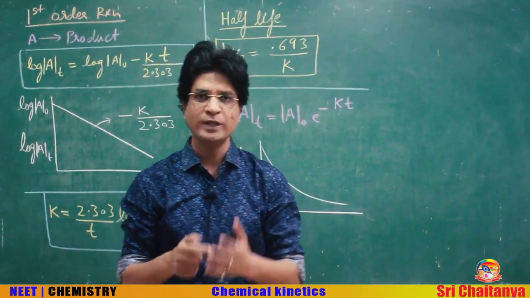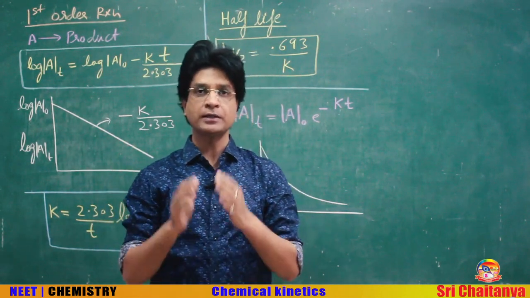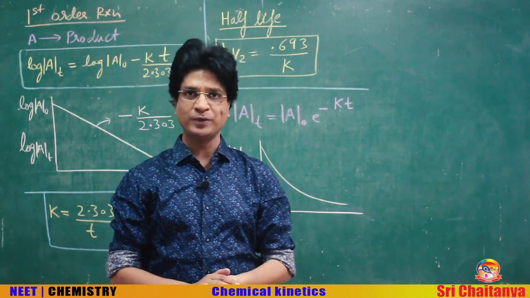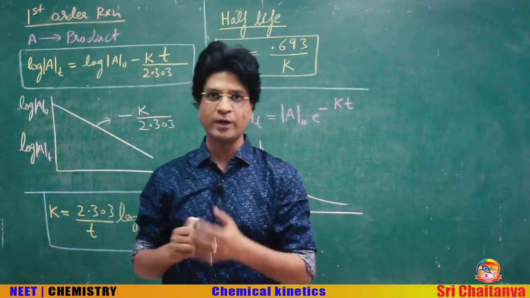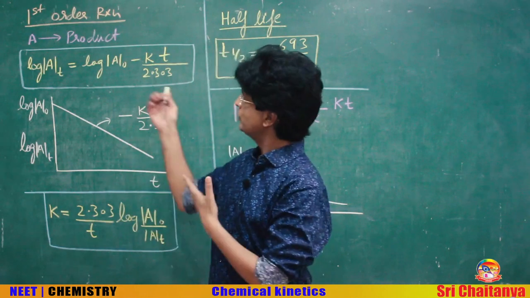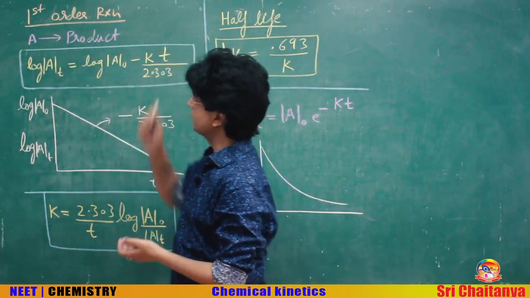Okay students, now we have come to the last part of this chapter, the first order reaction, and that is the most important part of this chapter. Most of the questions are asked from first order reactions only. So let us come to first order reaction. I have again taken a first order reaction.